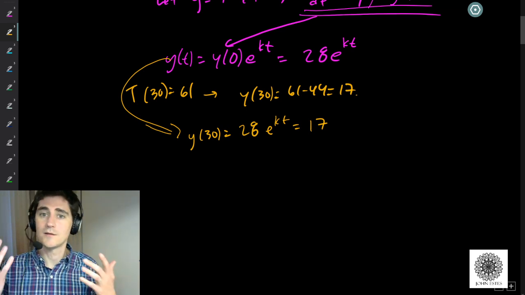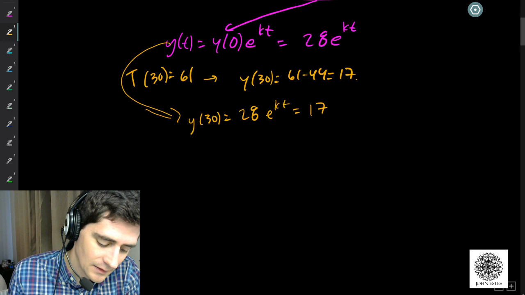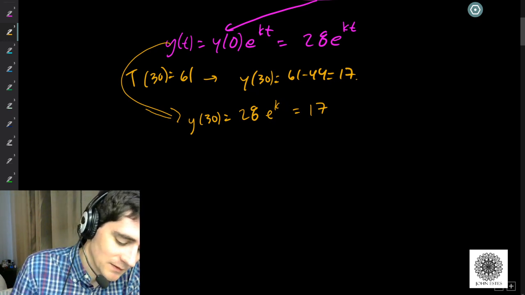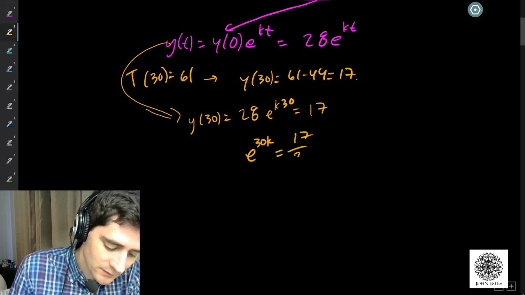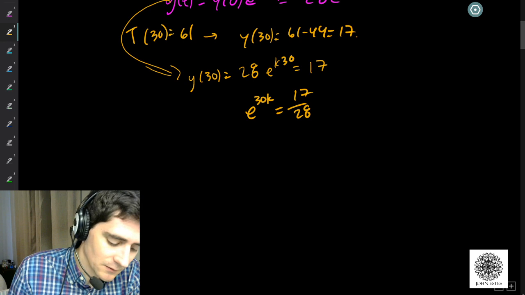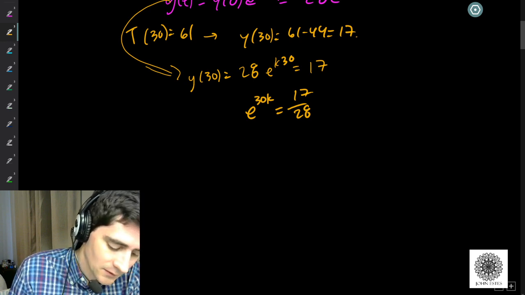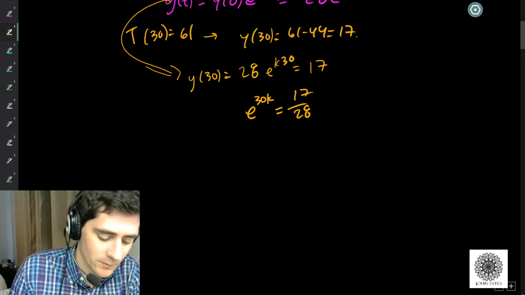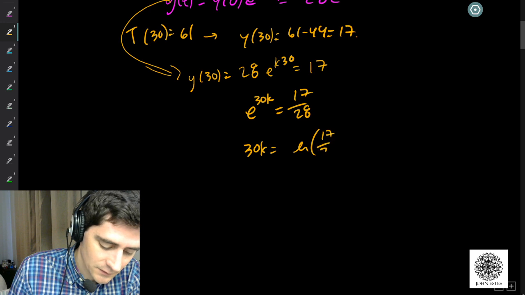From there, I can solve for my value of k, right? And I forgot, I plugged in 30 for t, right? So I have e to the 30k power equals 17 over 28. So taking the ln of both sides, well, taking the ln of e to the 30k power is what? 30k equals ln of 17 over 28.